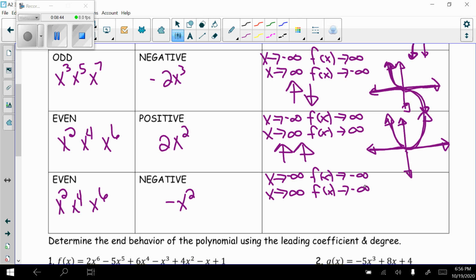And again, it's the one above it, the opposite of everything. So instead of up, up, this is down, down. And we know that if we were going to graph the parabola, y equals negative x squared, it's a parabola opening down. So my end behavior, down, down. As my x's are getting smaller, my y's are getting smaller. As my x's are getting bigger, my y's are getting smaller.